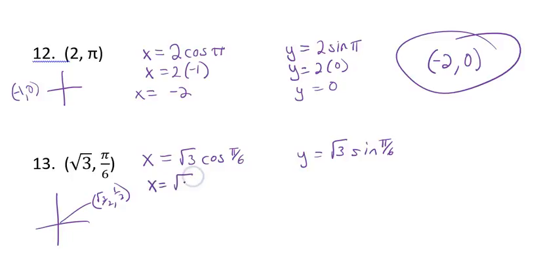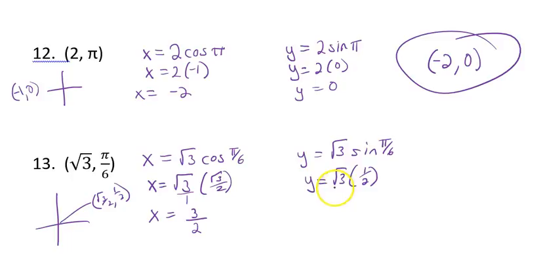So for the cosine, I'm going to plug in the square root of 3 over 2. And that means on top, you have to think of this like square root of 3 over 1, and you just multiply straight across. So on top, I have the square root of 3 times the square root of 3, which is just 3. On the bottom, I have 1 times 2, which is 2. For my y value, the sine is 1/2, because that's my y value of my point.